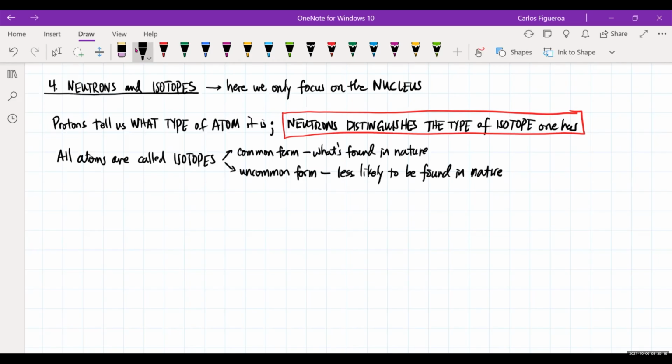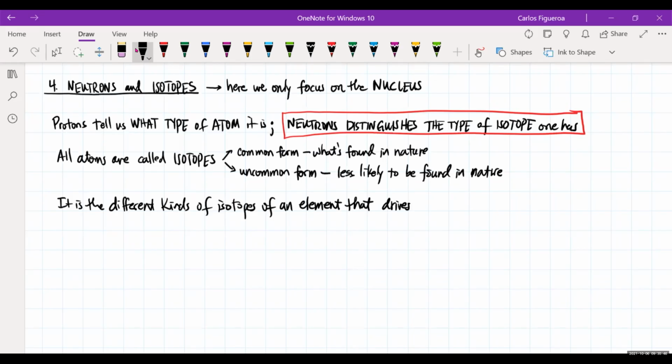So it is the different kinds of isotopes of an element that sort of drives the atomic mass number.